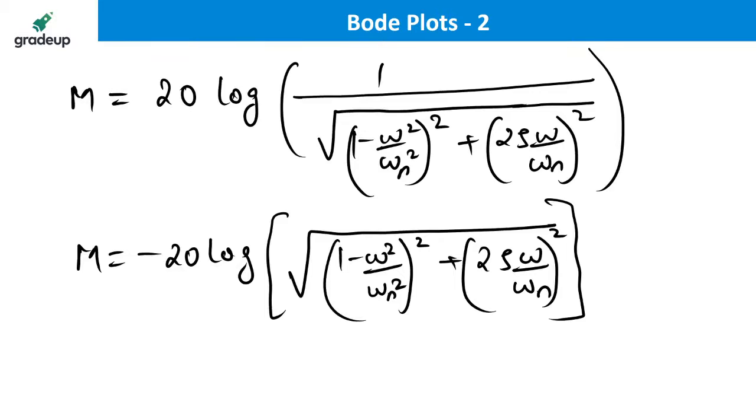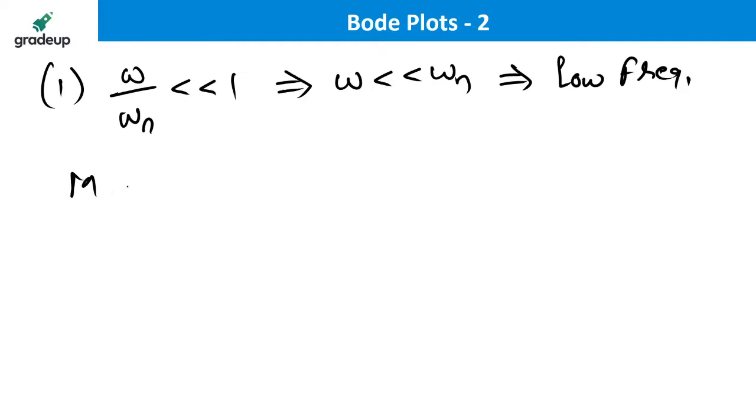So it is approximately under root of 1 minus, this is cancelled, 1 square plus, now again this is omega by omega n whole square, this is also neglected. So overall what is left is just 1. So magnitude is approximately minus 20 log of root 1. Root 1 is 1. 20 log 1 is 0 dB.